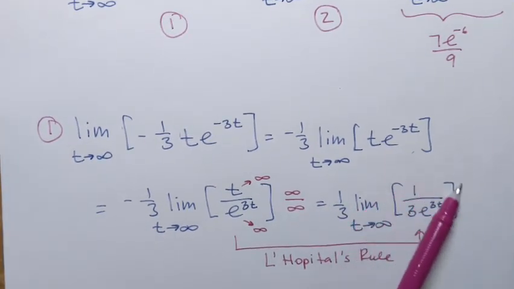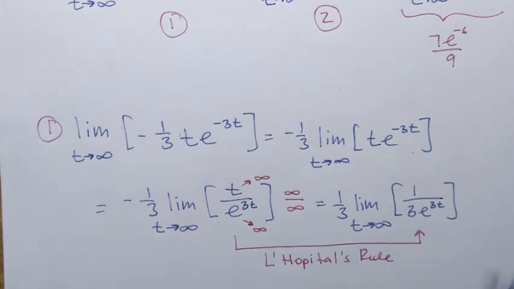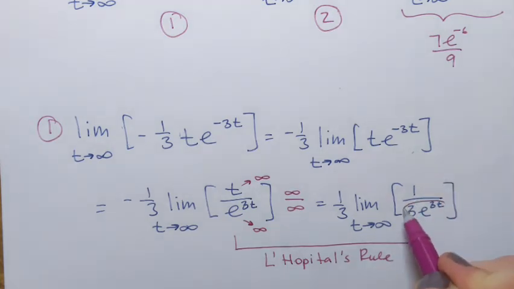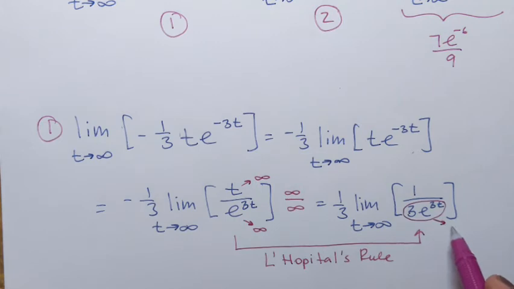And now what can we say about the limit of this function? As I can see here, as t goes to infinity, the denominator gets infinitely large. It's getting bigger, bigger, and bigger, and it gets infinitely large. So the denominator approaches infinity.